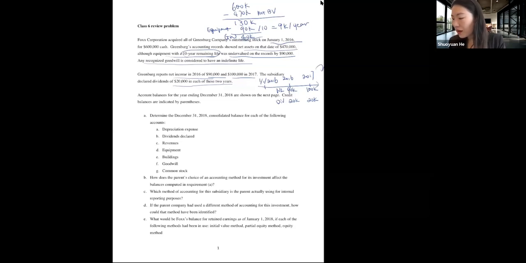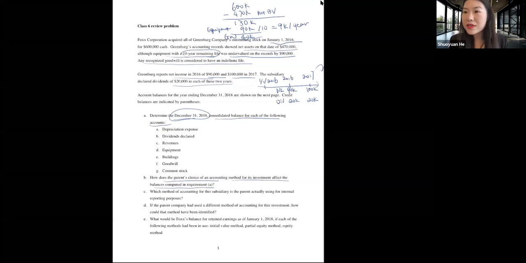And then there are several questions here. The first question is, please determine the consolidated balance for the following accounts at the end of 2018. We're going to come back to look at this question later, but let's move to the next one. How does the parent's choice of accounting method for its investment affect the balance computed in requirement A?